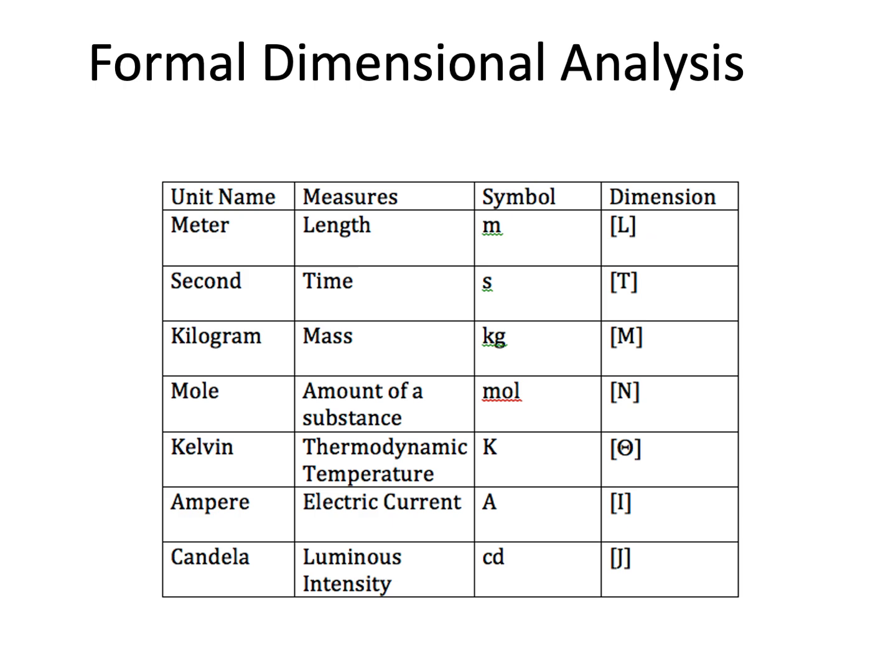And so the standard is for seconds to be measured with a dimension of T, and kilogram, M for mass. The mole, there's an N. The N represents number, which is what a mole is. It's a specific number. The Kelvin, we've already got T used for time in seconds, and so the Kelvin is measuring thermodynamic temperature.